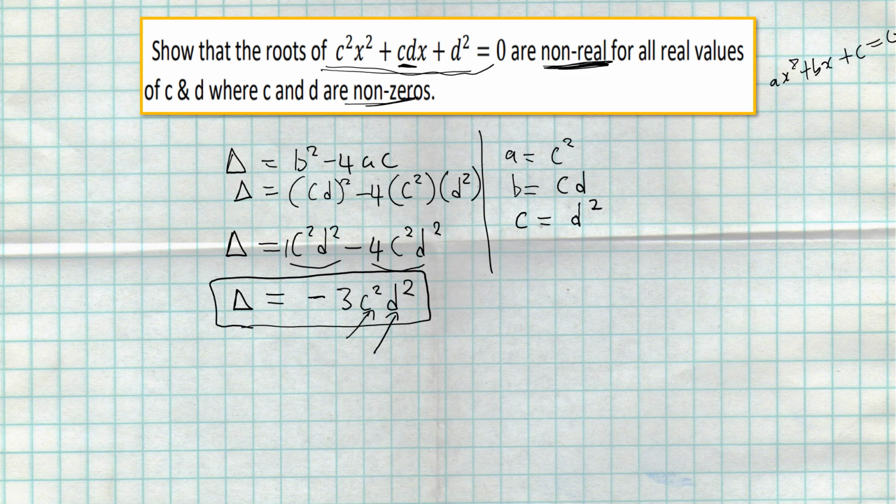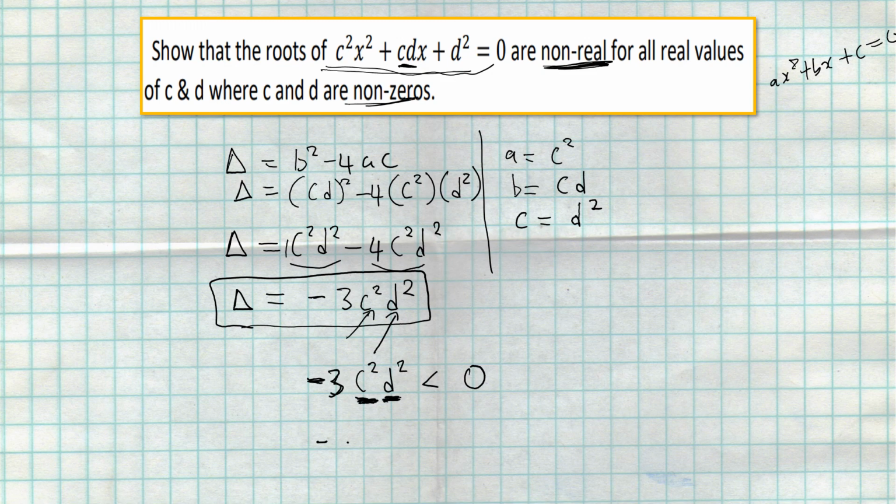So you can see, we can conclude that minus 3c squared d squared is less than 0. It's always going to be less than 0 because these two are squared. They are going to be always positive, and positive multiplied by negative will always be negative. Can you see? Because minus 3 is negative. These ones are always positive because they are squared.